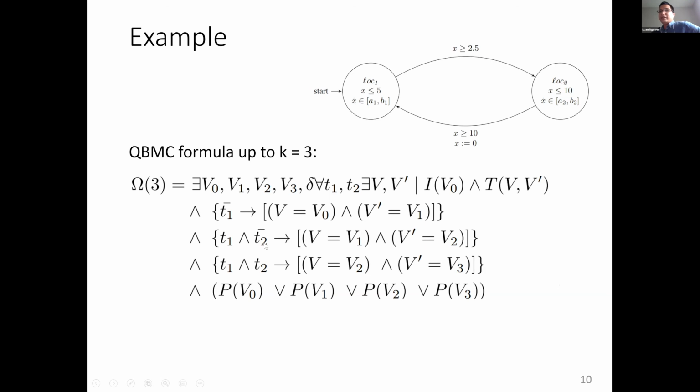With the different selector vectors, we show the next connection between states for step k equal to 2. Similarly, we encode it into T1 and T2, where V equal to V2 and the next state is V3. We add the set of specifications into the formula, very similar to the previous one, for k equal to 3.